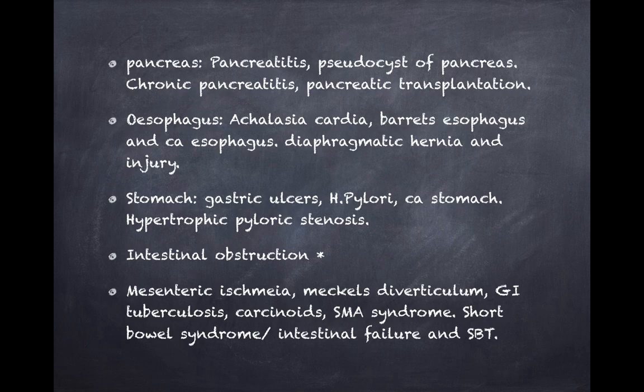That could be from previous surgeries or some kind of intestinal TB infections like that, or could be a lymph node which is enlarged so big that it is compressing onto the lumen. So there could be a number of causes for small bowel obstruction, but the most common is adhesions. And coming to large bowel obstruction, the most common cause are the large intestinal growths.